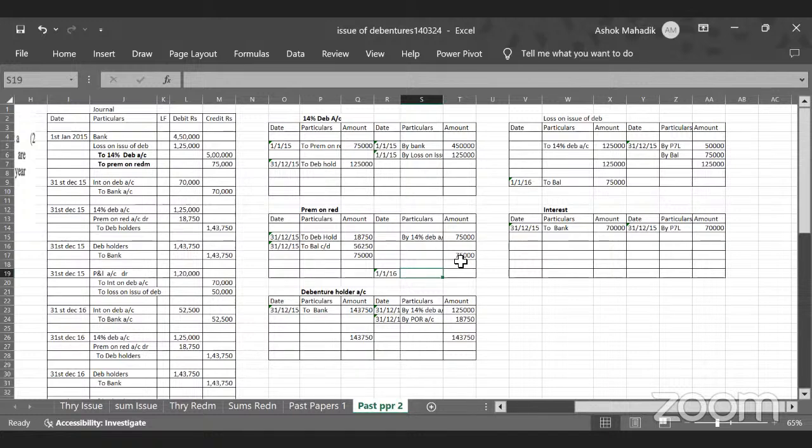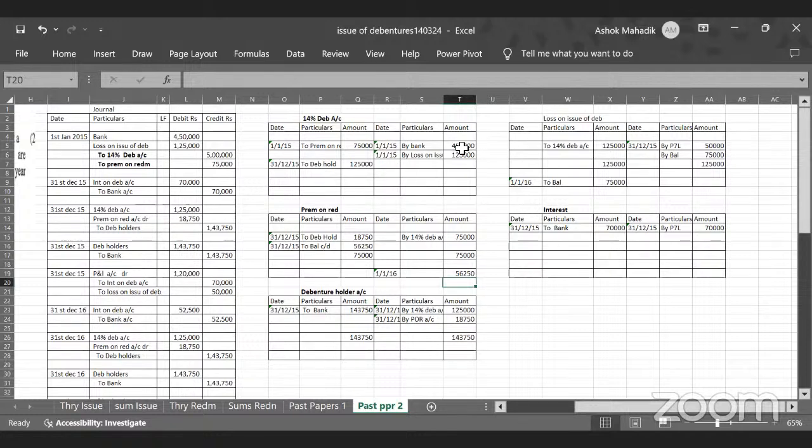But in debenture holder and interest, they get tallied every time. Okay, so 56,250 will be the closing balance for current year, opening for next year. Okay, in same fashion, close debentures account.